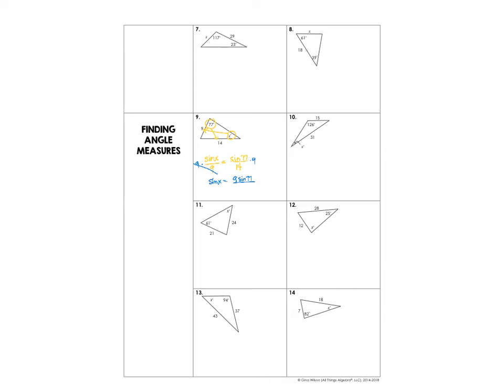I'm just going to put that 9 in front because it's multiplying over 14. So now remember, when we are finding an angle measure, which is what we're looking for here, we're going to use the inverse sine, which is sine to the negative 1. So on your calculator, you're hitting shift, sine, and then you can put in 9 times sine of 77 divided by 14. And you should get 38.8 degrees.